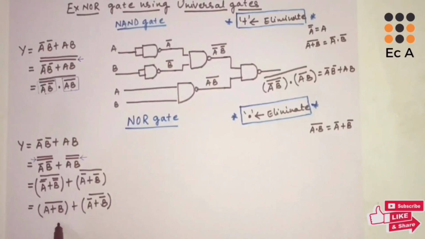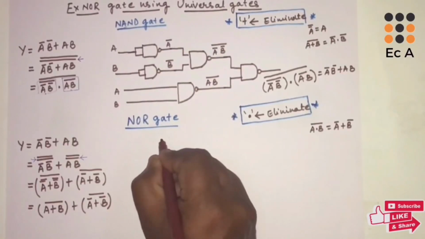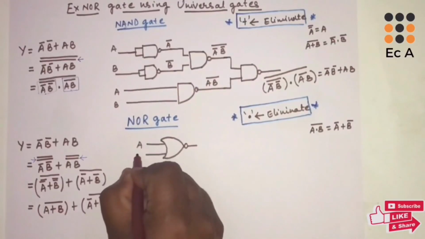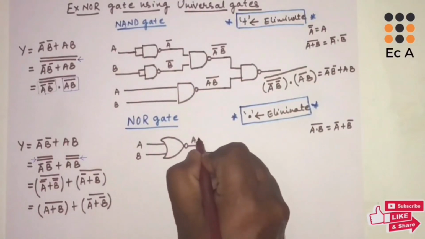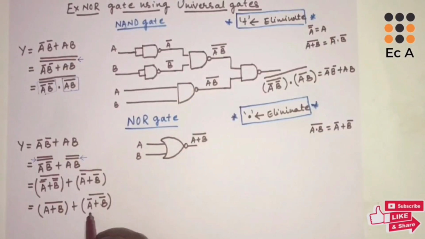Now let us implement the first term, which is (A plus B) whole bar, a simple NOR operation. Take a NOR gate, take inputs A and B, and the output will be (A plus B) whole bar. Now let us implement the second term. Here we have A bar and B bar.